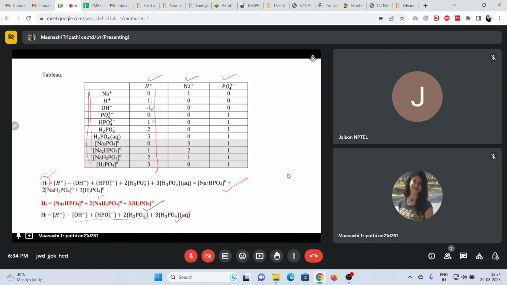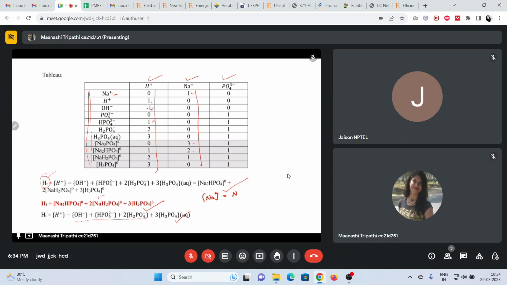Sodium ion, how will we get it? I have shown you this table, right? So just multiply these coefficients 1, 3, 2, 1 to these things. Like, how to write total sodium? This concentration is equal to activity, because why?